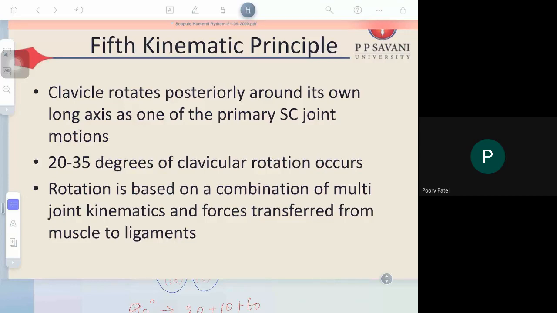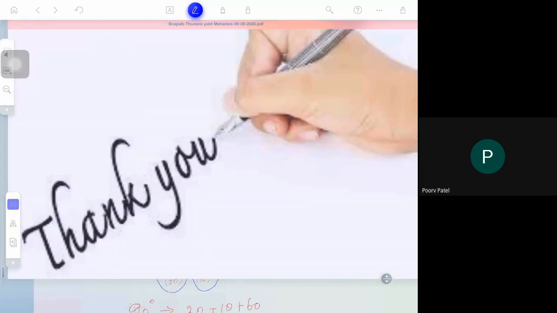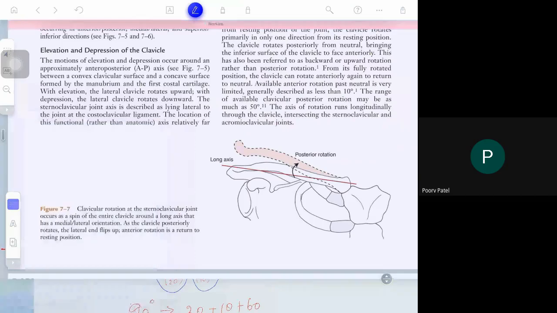So clavicle rotation occurs in which joint? It is a primary motion of the sternoclavicular joint. The clavicle rotates posteriorly around its own long axis. You see this diagram.